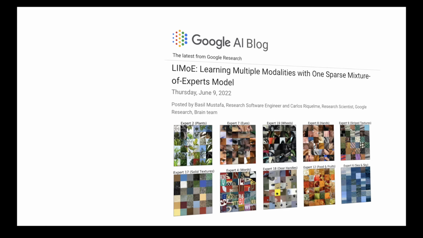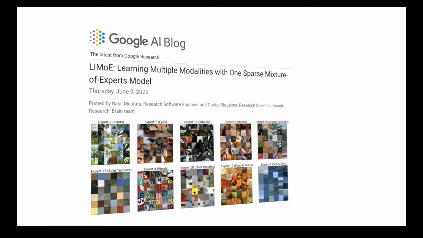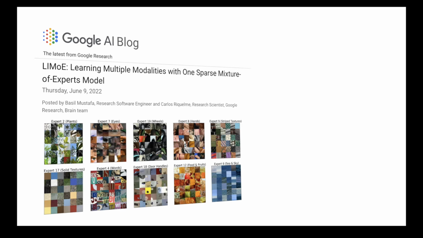Very recently, just a few days back, Google announced LIMoE, which uses mixture of experts to process both text and images together. It means a multi-modality capable mixture of experts.